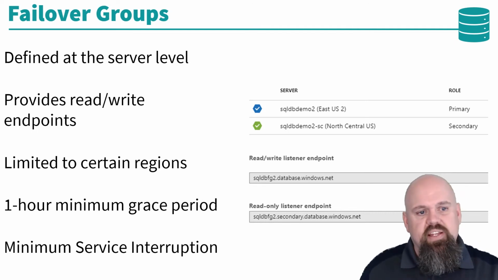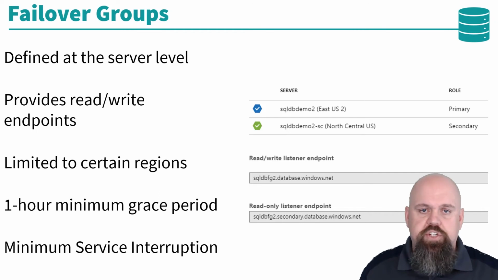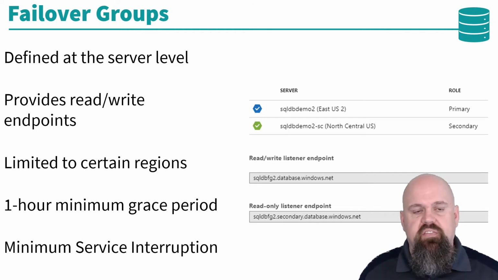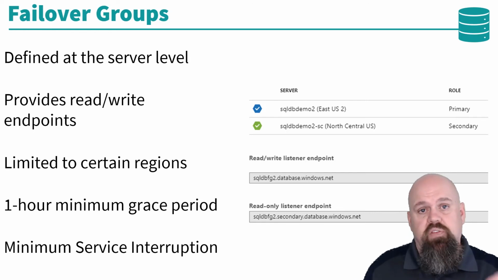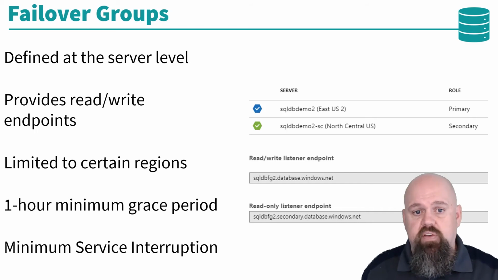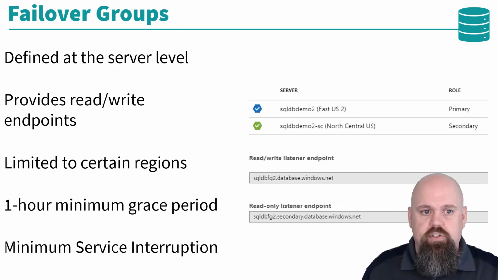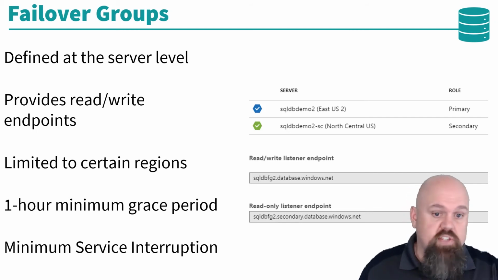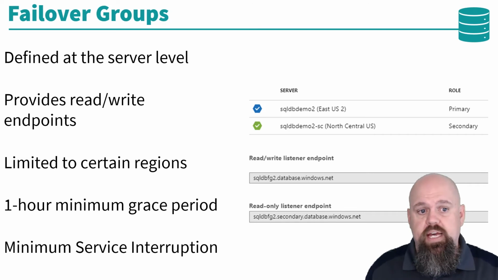That's one of the differences between failover groups and Geo-Replication: with Geo-Replication, you'd also have to reconfigure your apps with a new endpoint. With failover groups, in the event of a failover, because it has a listener on top of it, the endpoints don't actually change, and all your traffic is routed to the new primary or the new secondary, depending on what you're trying to do. So failover groups allows you to do that.